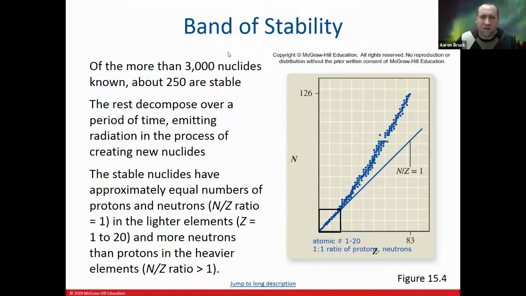But what we also see is that once we get off of that mark, not only does it go away from 1-to-1, it actually bends. This is not a straight line. This is a curved line.